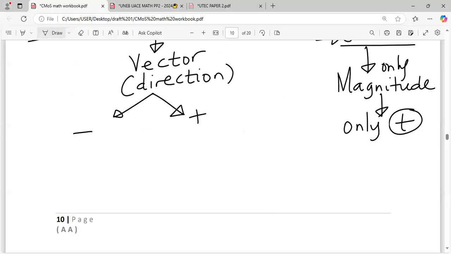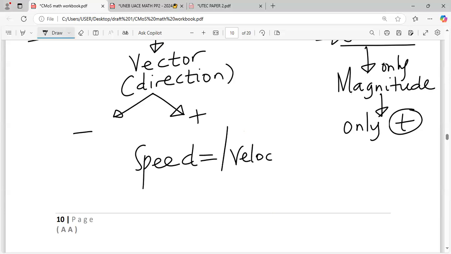And you know what magnitude means. If at all you have any value, just have it in mind that speed is the magnitude of velocity.